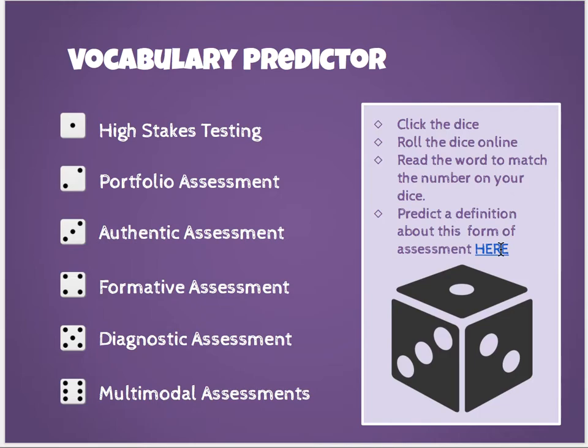Remember, whatever you predict is going to be what you think it is, and later on throughout our presentation, if you find out that you're not on track, go back into Padlet and add a second definition like you did last week. That way, I know that you know the true definition.